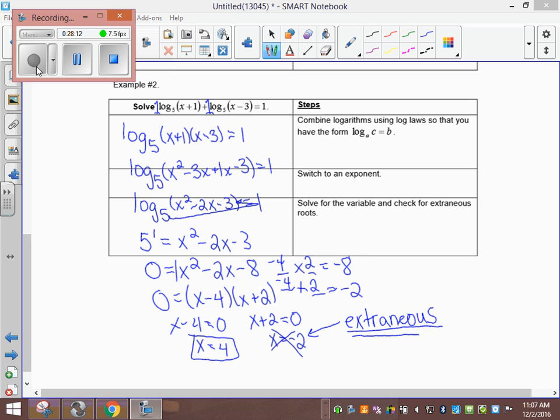They can ask you for the one that doesn't work. If they give you any type of negative answer, they all won't work. They could say x equals negative 2, negative 3, negative 4, negative 5. Any of them will get you negatives. So you'd actually have to find the exact extraneous root. That's how they can do it. Okay?